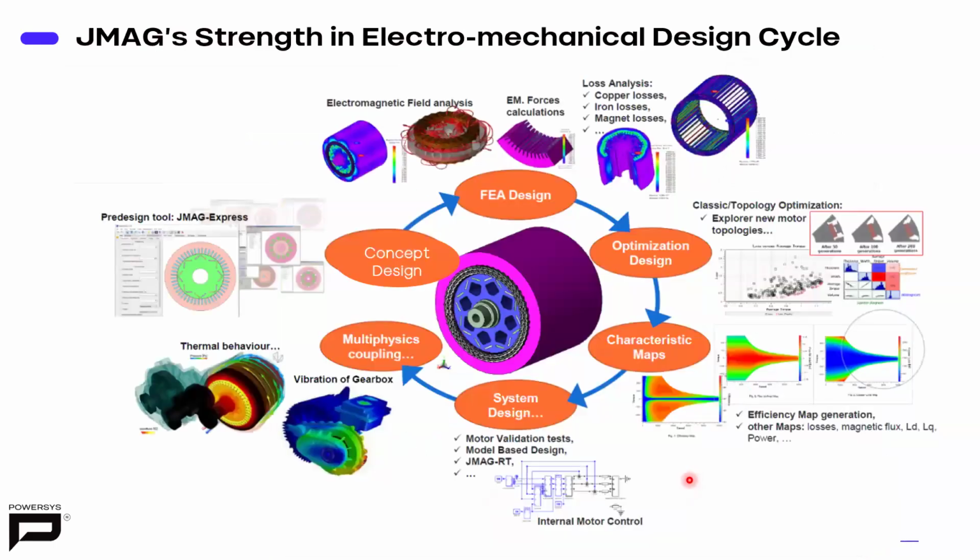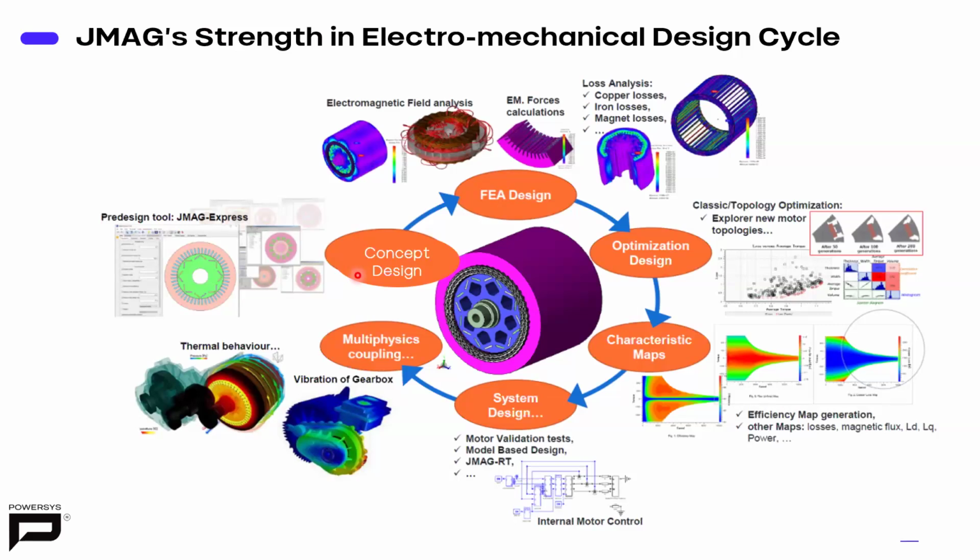Okay, so yeah, JMAG's strength in the electromechanical design cycle. This is the design cycle in which first we are involved in the conceptual design. Initially we have a set of inputs, which can be processed through our JMAG Express tool, a pre-designed analytical tool in which you just enter the values and you get the output results.